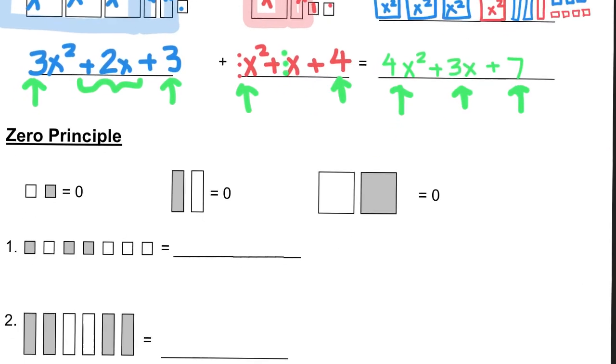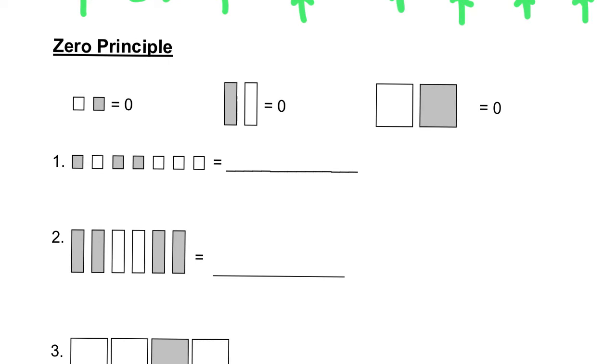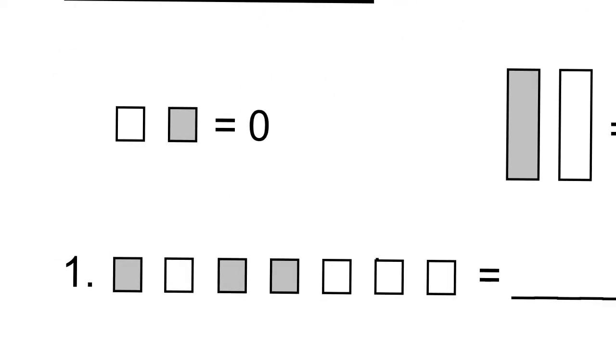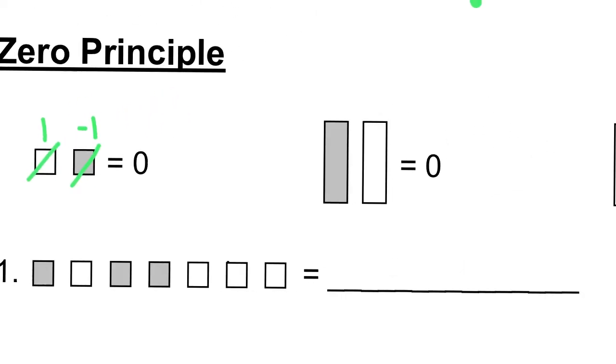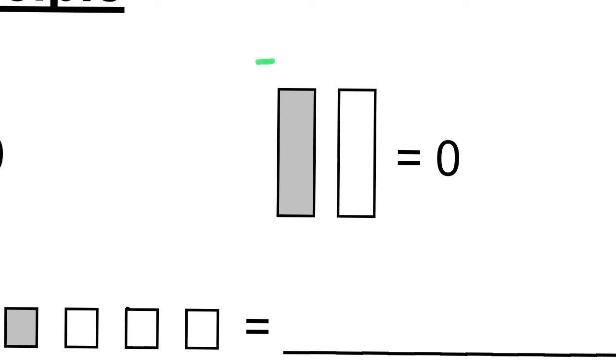Now there's something else at play here. It's called the zero principle. When we add a term like +1 and -1, their sum would be equal to 0, which essentially means they cancel each other out. The same thing happens with negative x added to x. Their sum would be 0.